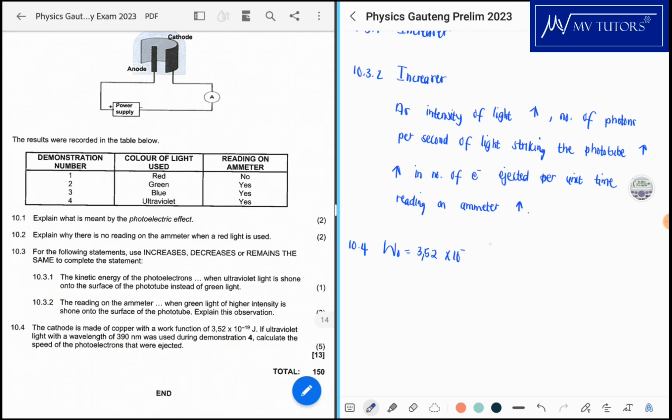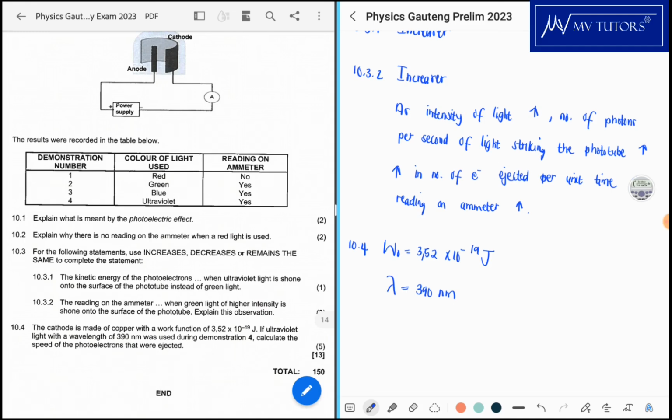If ultraviolet light with a wavelength of 390 nanometers was used during demonstration 4, calculate the speed of the photoelectrons that were ejected.